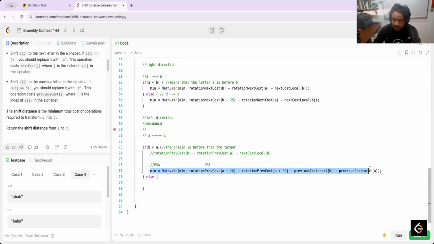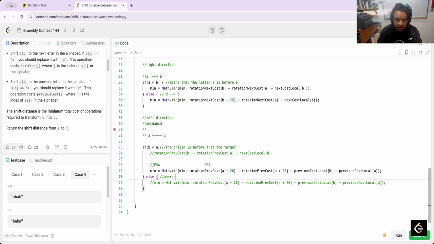I think that is the same, well, similar, not the same. And here is where the origin is before the target.